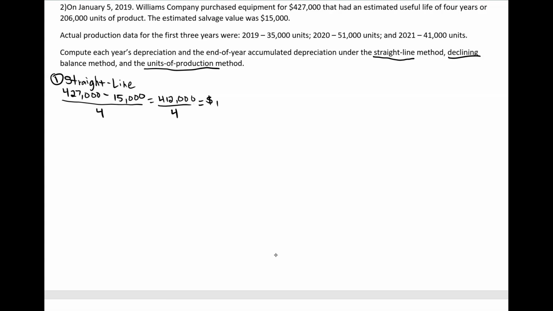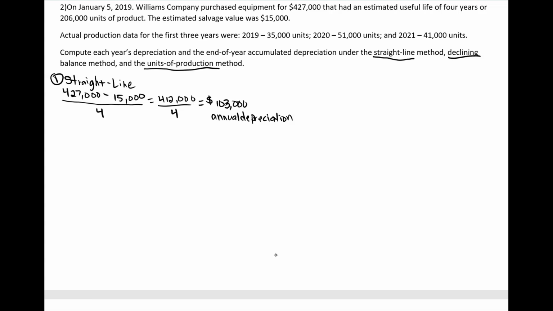And we get $103,000. This is what we're going to depreciate each year. This is our annual depreciation.